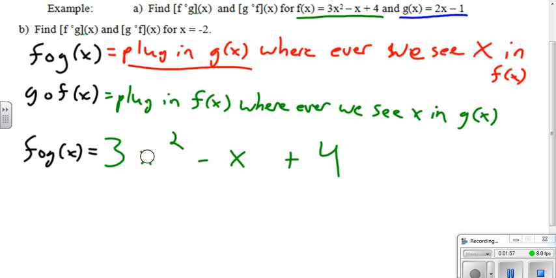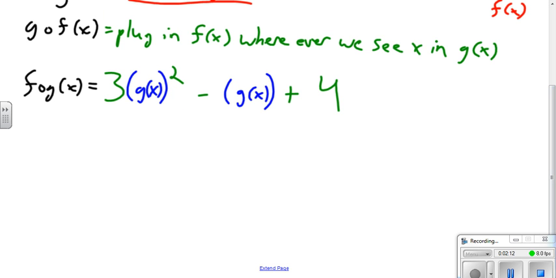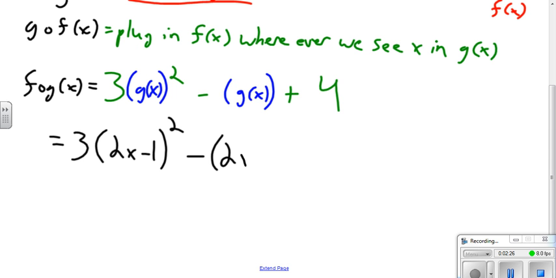So instead of this x here and this x here, we're going to plug in our g of x. What that actually ends up looking like is 3 times the amount 2x minus 1 squared, minus 2x minus 1, plus 4.